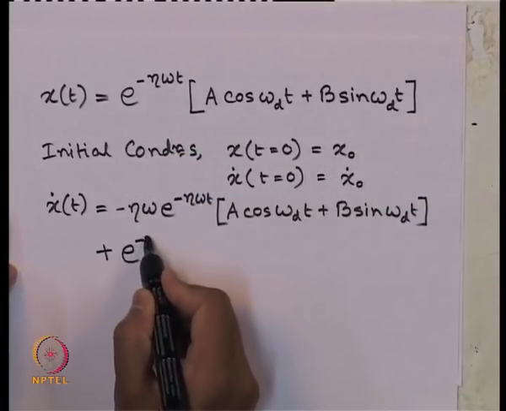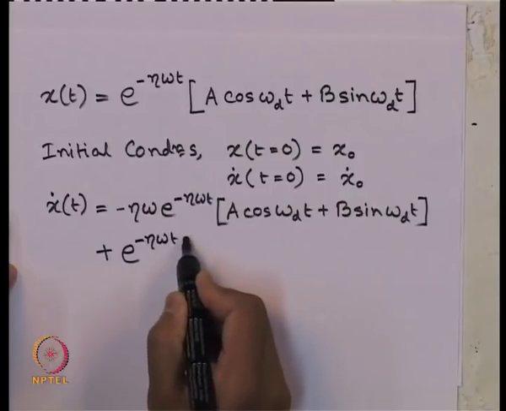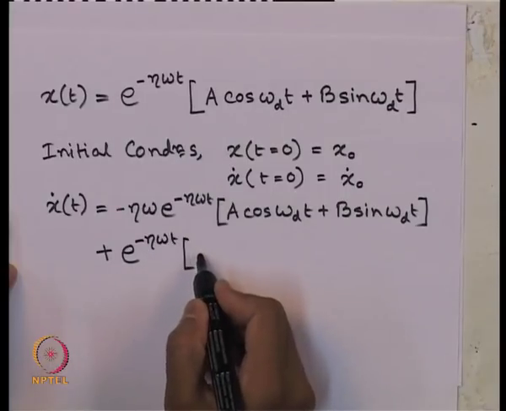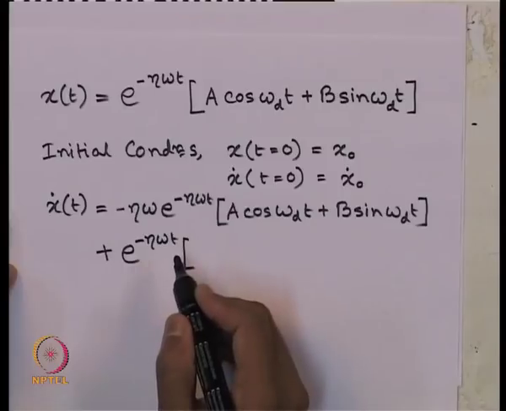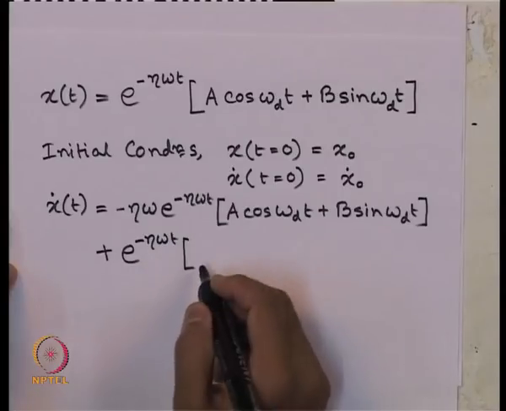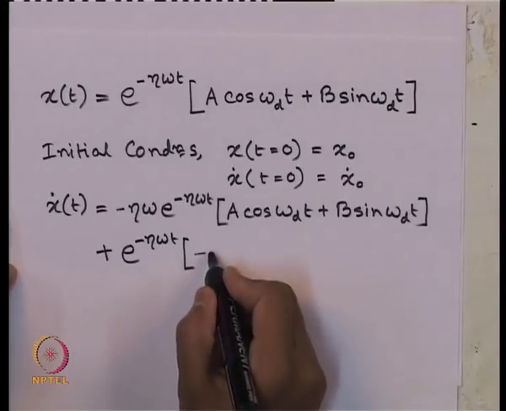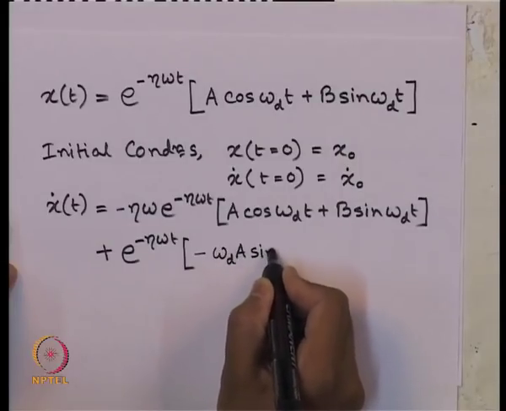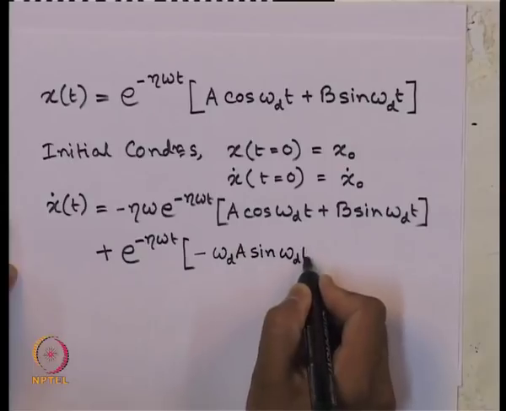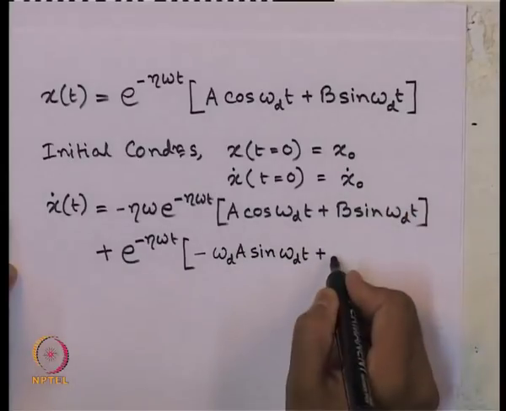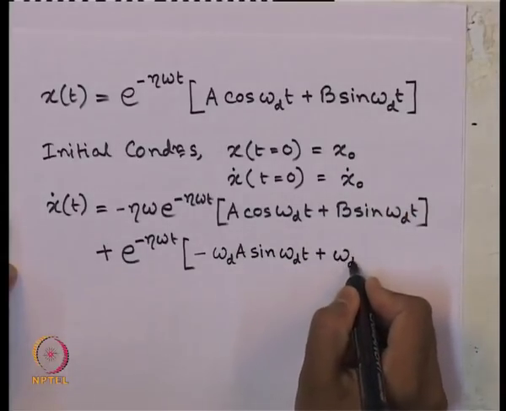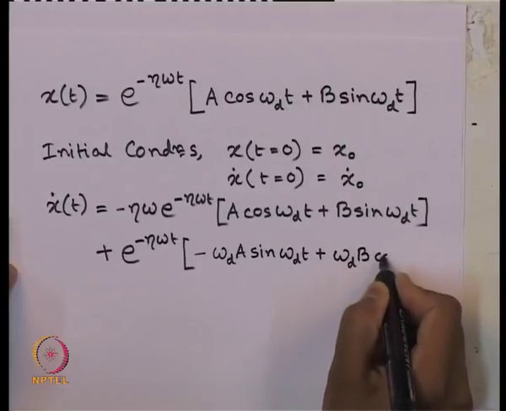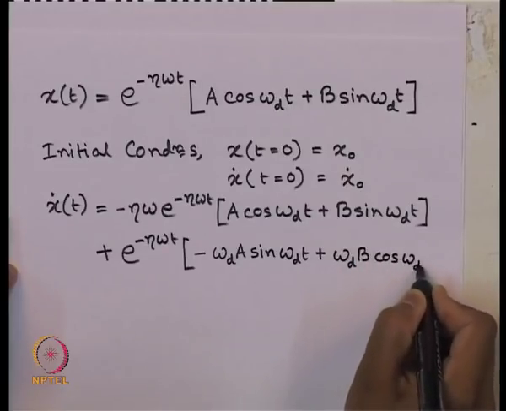So, e to the power minus eta omega t times cosine becomes sine, minus omega d a sin omega d t, plus sine becomes cosine, omega d b cosine omega d t.